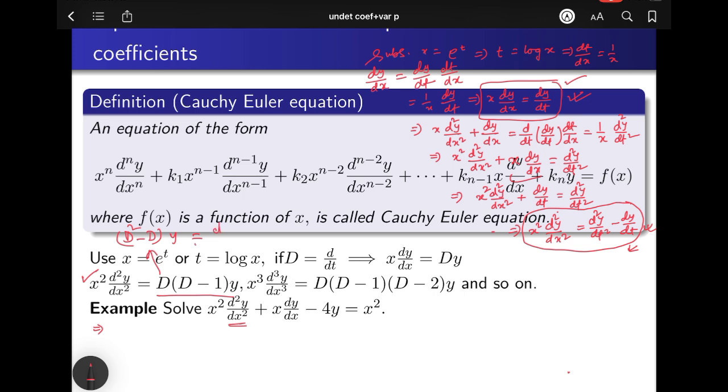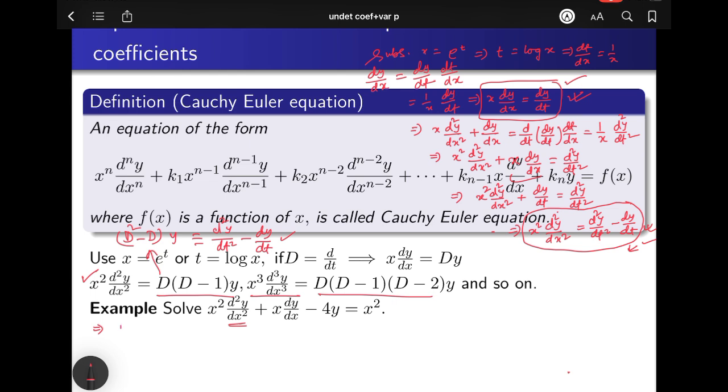So basically this is equivalent to d2y dt2 minus dy dt, which we already got from here. Okay, similarly if x cube d3y dx3 is present, you have to substitute this. Okay, it is in the operator form where capital D stands for d dt.